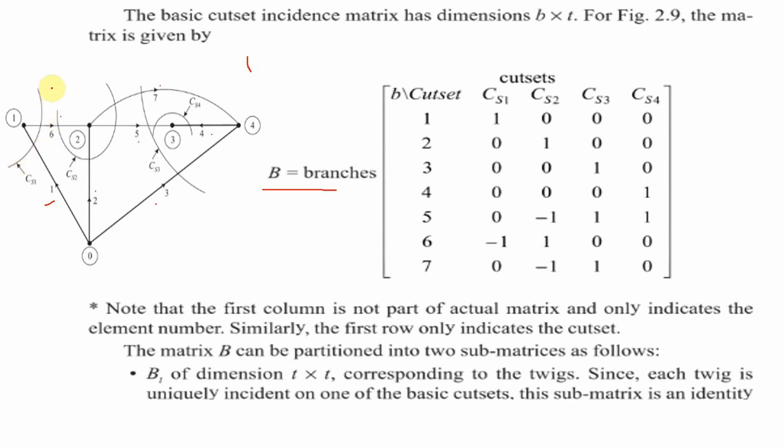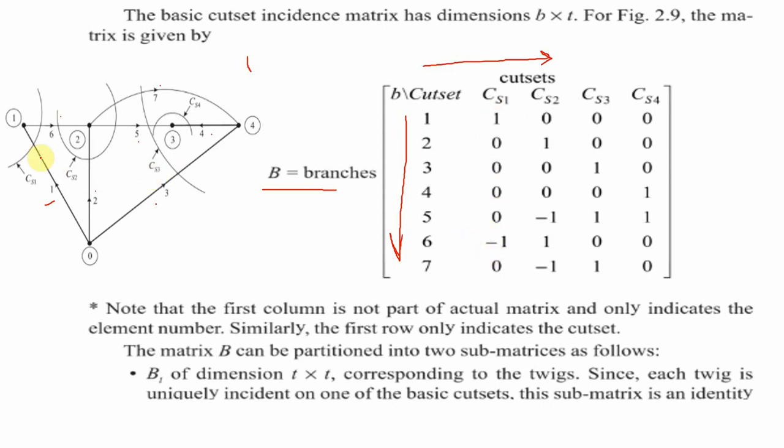So here it cuts only one twig, and their directions we keep as per the direction assigned to your elements. So now these are the branches and these are the cut sets. Now how do we assign this 1 0 0 minus 1 0?